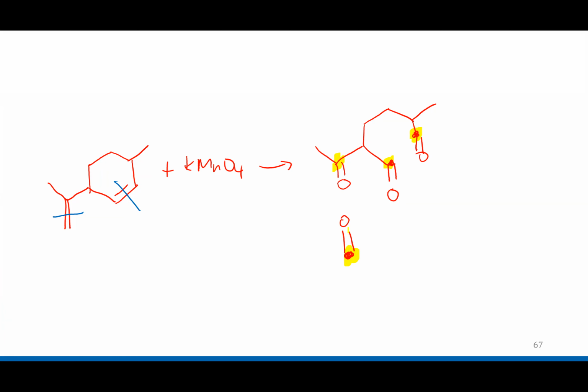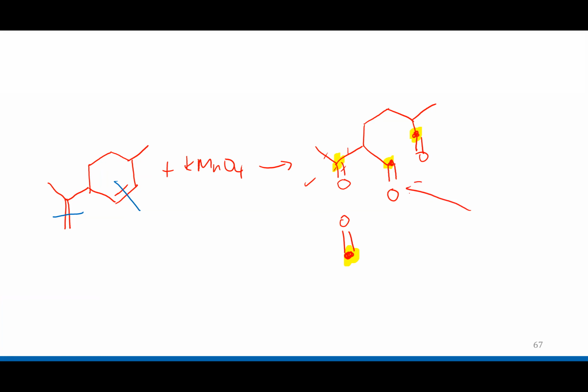Now remember, the potassium permanganate will keep oxidizing these double bonds until I have 4 bonds on my carbon. So over here on the top left carbon, I have 1, 2, 3, 4 bonds. He's good. Check mark. No problem there.